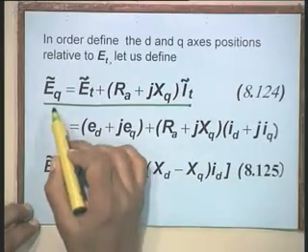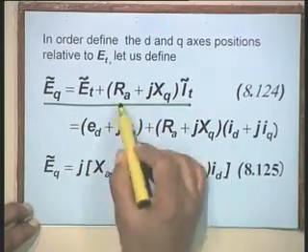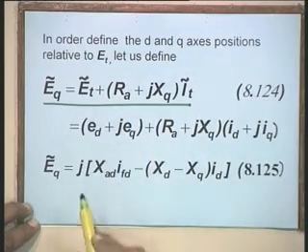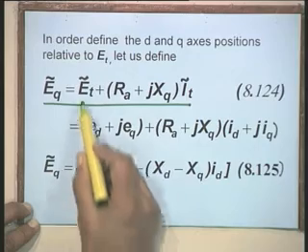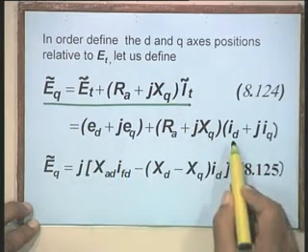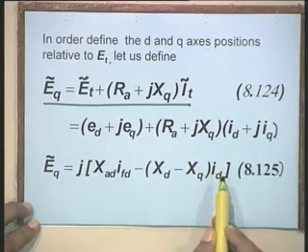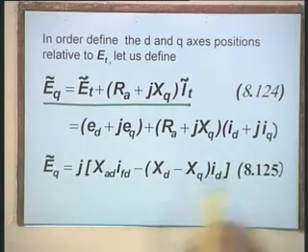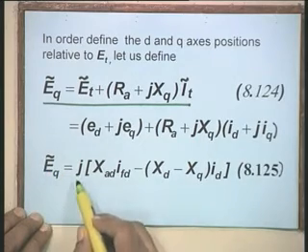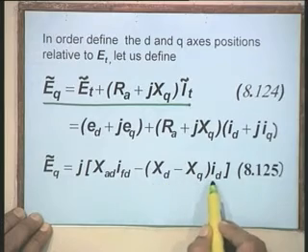We define a voltage EQ as ET plus this impedance RA plus j times XQ into IT. With this definition, we substitute the expression for ET as ED plus j times EQ and IT as ID plus j times IQ, and we make simplifications. That is, you multiply and simplify this expression, and you will find that EQ comes out to be j times XAD IFD minus XD minus XQ ID.